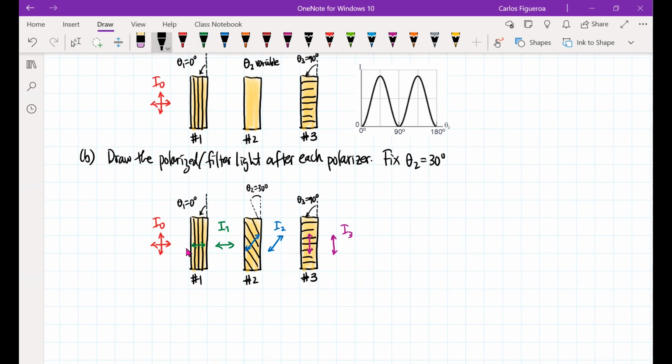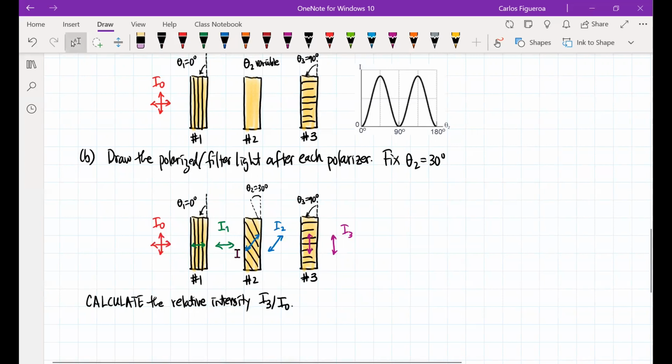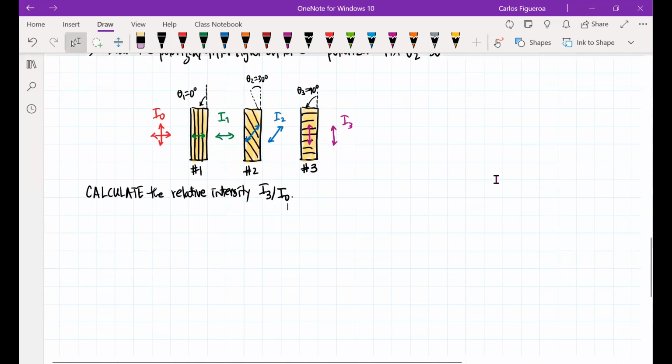So now what we want to do is calculate the relative intensity I3 over I0. That's what we want to do. So let's go look at that thing. The first thing that we do is look at what happens to the light after polarizer number 1.